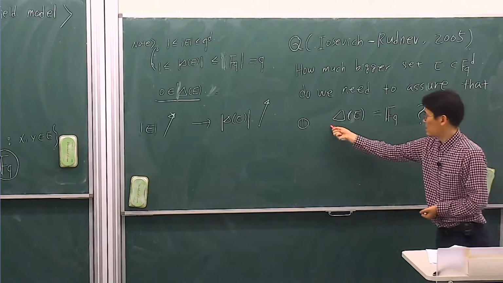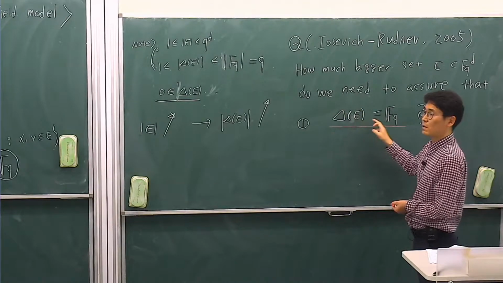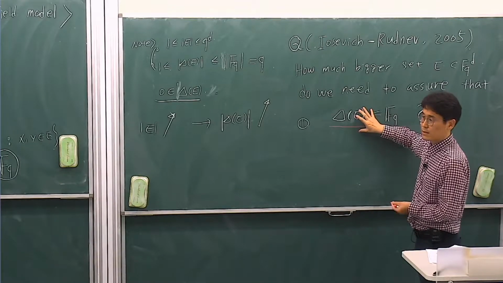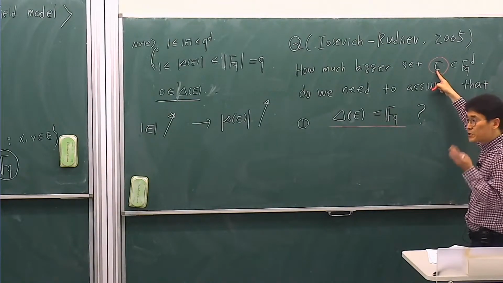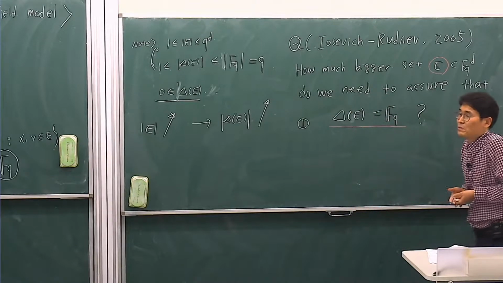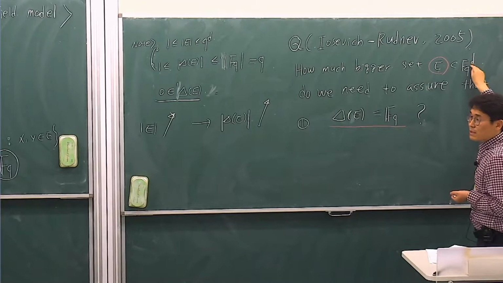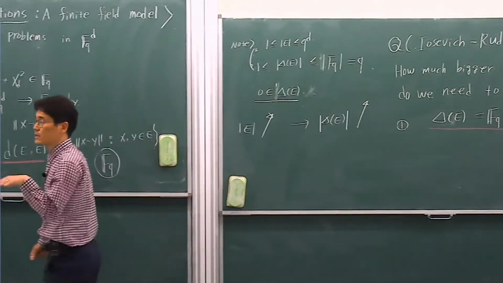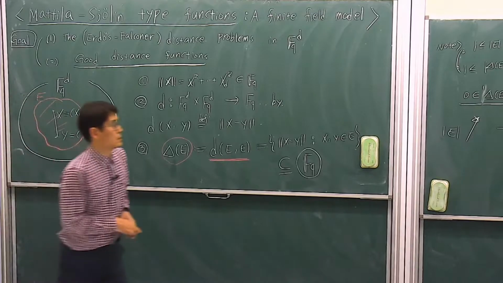What does it mean? The distance set contains all distances. This is the conclusion. So, how big must the set be? The set is arbitrary. The trivial answer is that E is the whole space F_q^d. This is true, but we need to find the smallest size of such a set. That is the question.